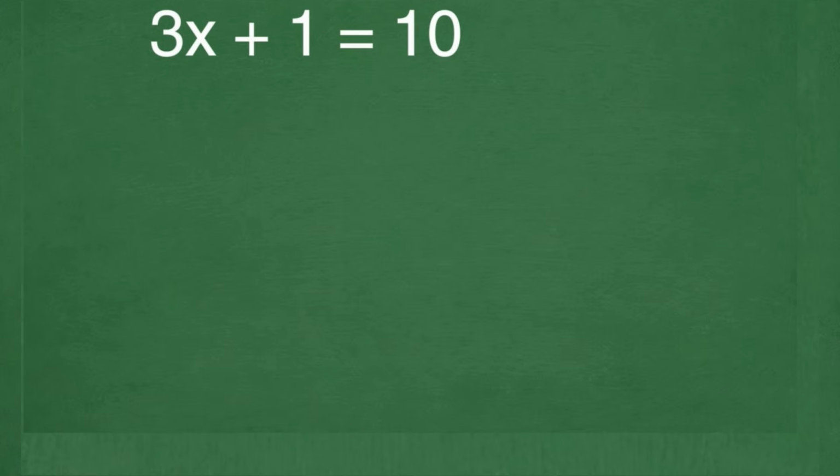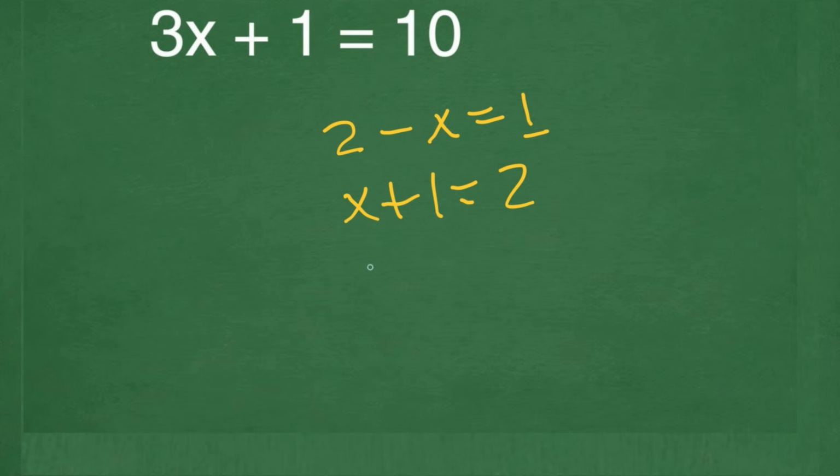So let me give you a simple example. If we say 2 minus x is equal to 1, we are saying that 2 minus x is just 1. So what is the value of x? We can't know that yet. But we know that x plus 1 is equal to 2, right?